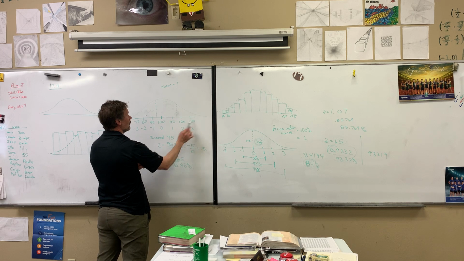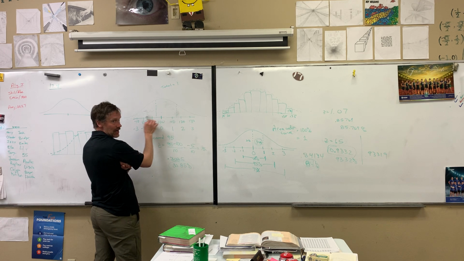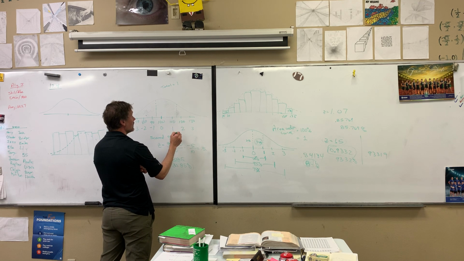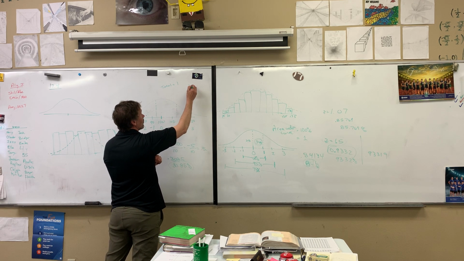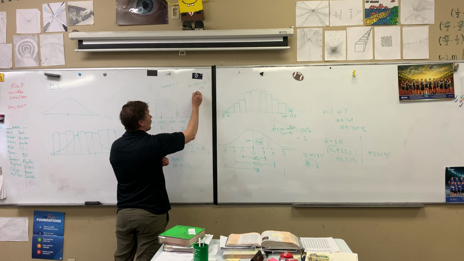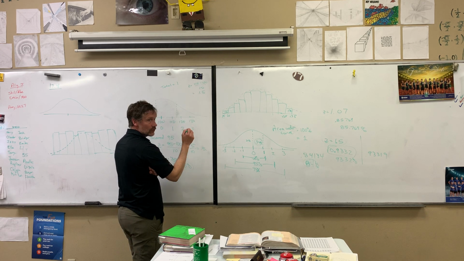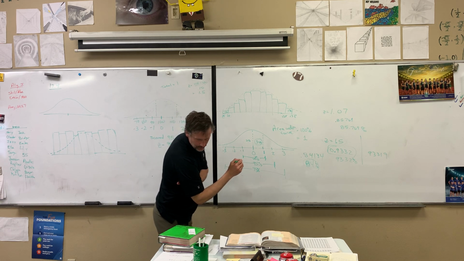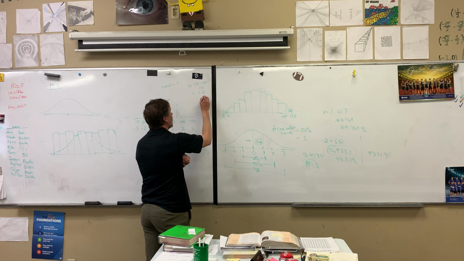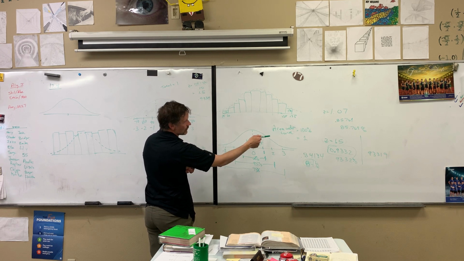So total area of 1 minus the shaded area gives you your area. So you just take 115 for a z-score, which is 115 minus 100 over 10. So you get 1.5 for a z-score, and what's 1.5 give you? 0.93319. Oh, that's what we had right there.